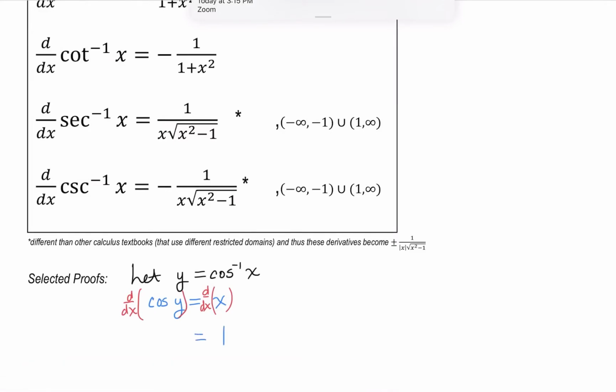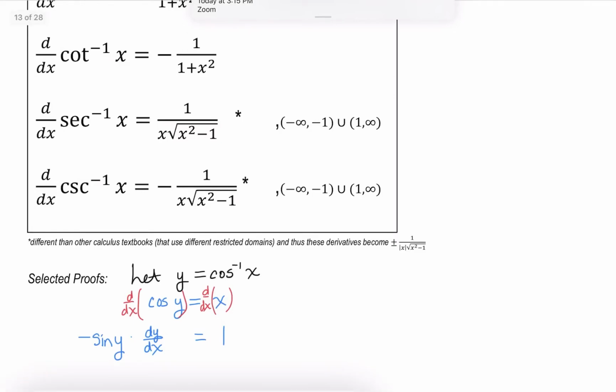Now the derivative with respect to x of x is just 1. The derivative with respect to x of cosine of y: the derivative of cosine is the opposite of sine of y, but we are taking a derivative of y, which, if you look back, is equal to cosine inverse of x. We're treating y like a function of x, so we have our little implicit differentiation step to consider. We multiply by a factor of dy dx.